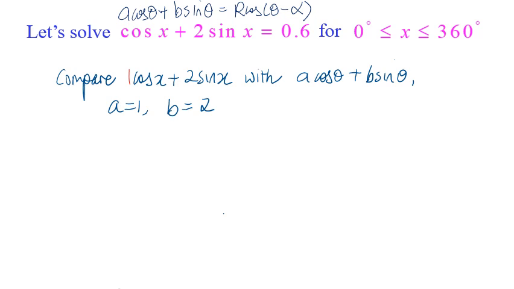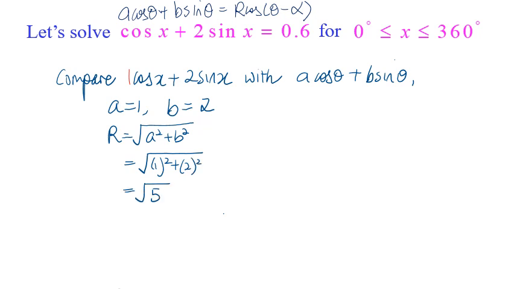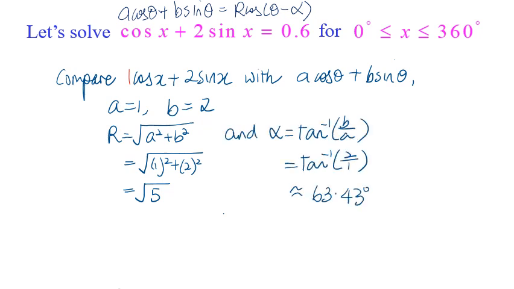And if we were to recall from the earlier slide, to find R, it's equal to the square root of a squared plus b squared. So you plug in the values for a and b, you can find the value for R. Likewise, alpha will be tangent inverse b over a, and that gives you tangent inverse 2, that gives you 63.43 degrees.